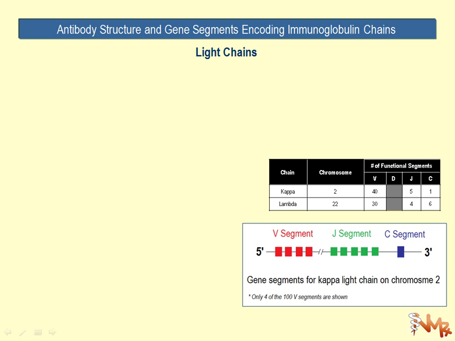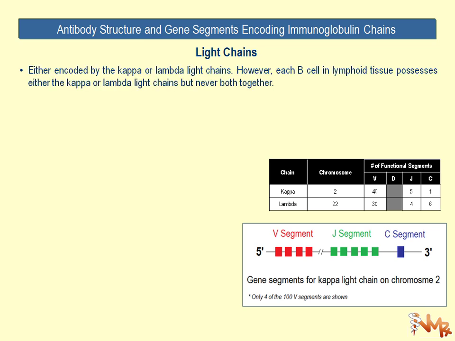Let's look at the antibody structure and gene segments that encode immunoglobulin chains. First, let's see how we can make so many antibodies, immunoglobulins, and how V and J recombination allows so many different light chains to be produced.